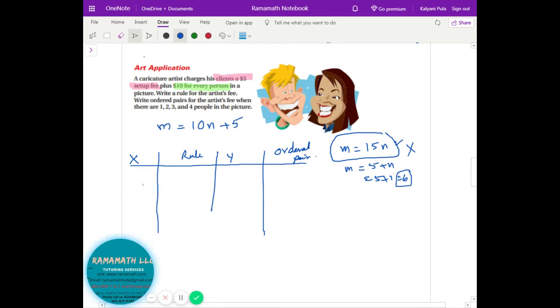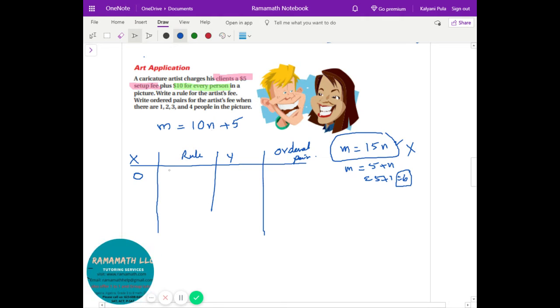So the x is now, can I take 0? Let's say nobody showed up, but he still charges the setup fee.